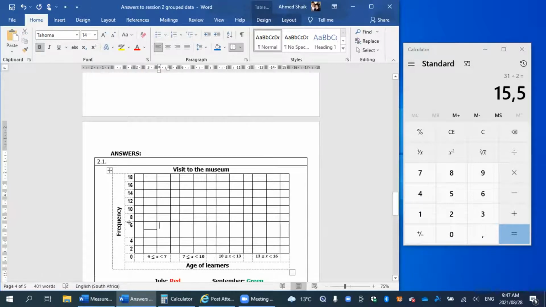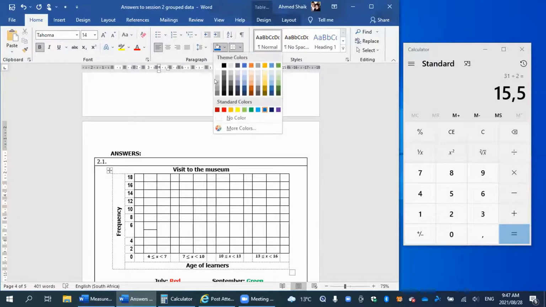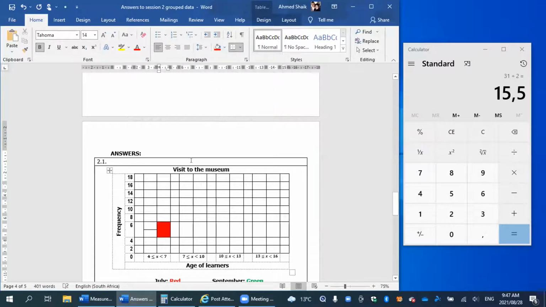Okay, so I've entered my y-axis in intervals of 2. Now, I've separated this column so that we can see that is 5. Chosen the color red. We're going to highlight from 0 to 5.